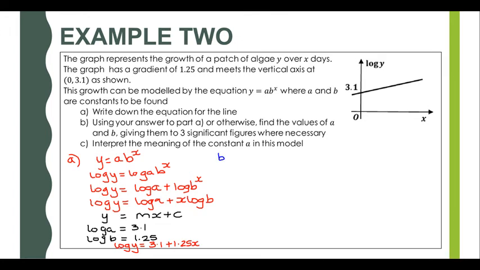Part B, we need to write it back in power form. So we get y is equal to 10 to the power of 3.1 plus 1.25x, which we can split up and write as y is equal to 10 to the power of 3.1 times 10 to the power of 1.25x.